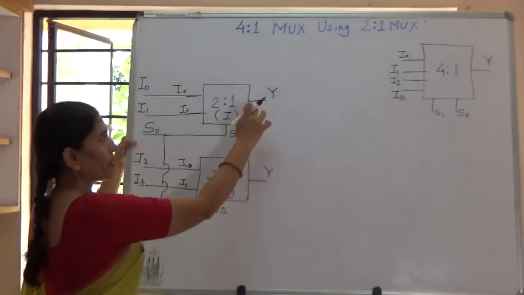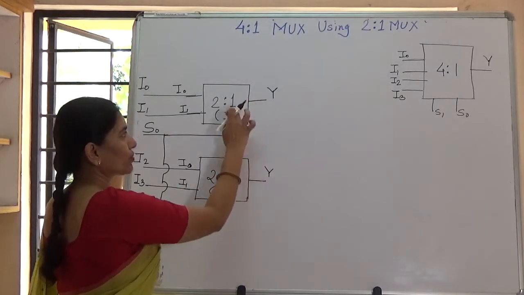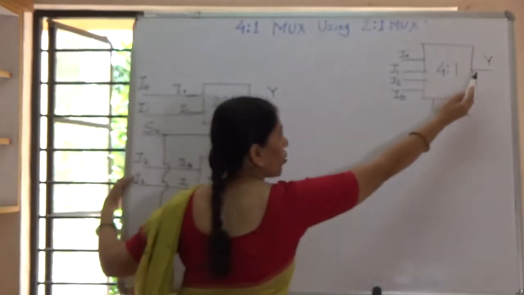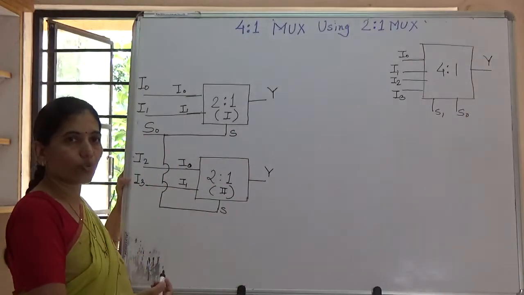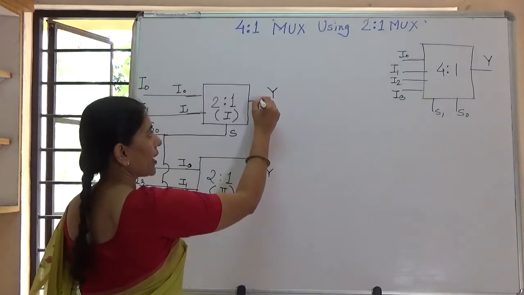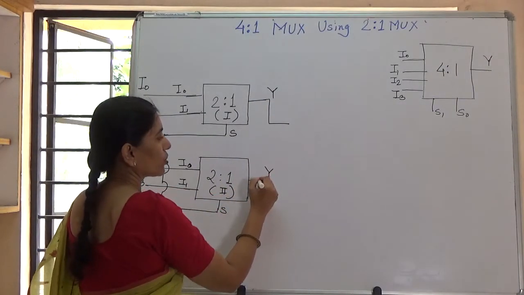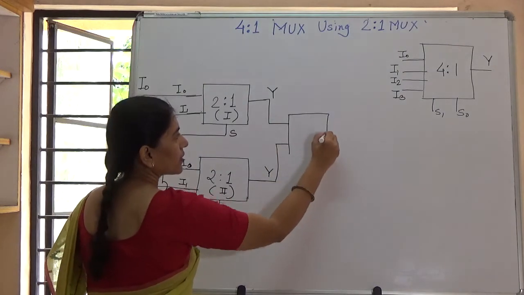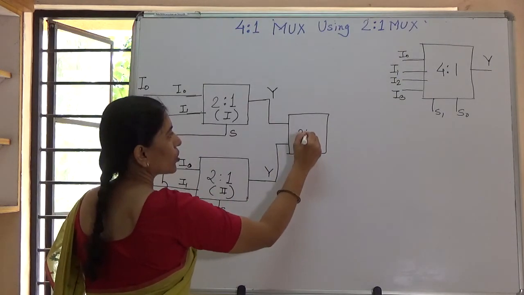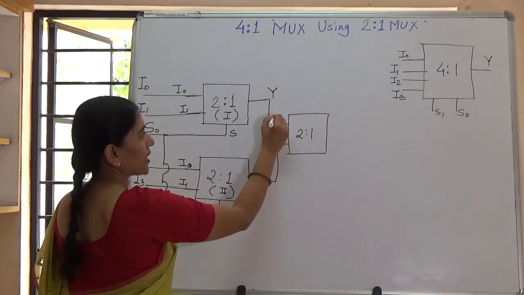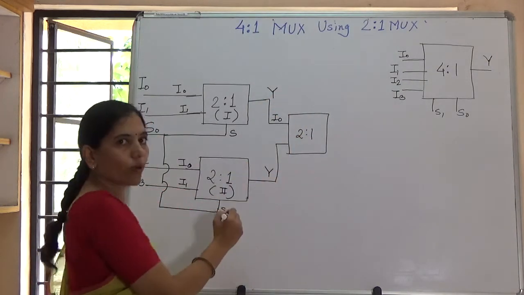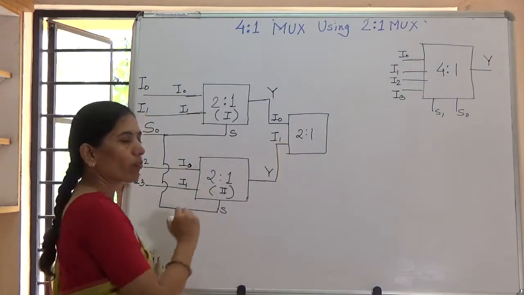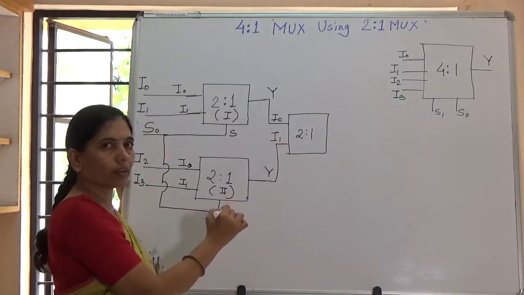Now the next step is we have 2 outputs for these 2 2:1 multiplexers, but we require only one output for the 4:1. Now these 2 will again be combined using another 2:1 multiplexer. So the first output goes as I0 of this 2:1 multiplexer and the second output goes as the input I1 to the third multiplexer.